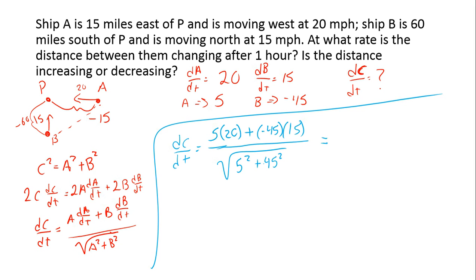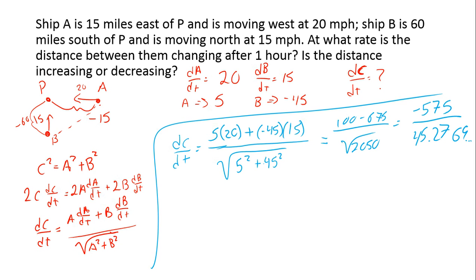So the top part, we end up getting 100 minus 675. And then the bottom, we get the square root of 2050, which means we get a minus 575 all over 45.2769 dot dot dot.